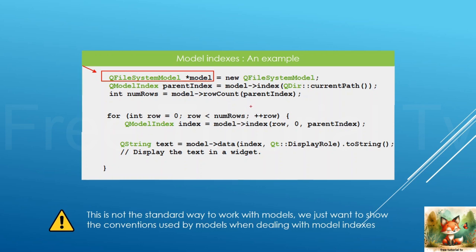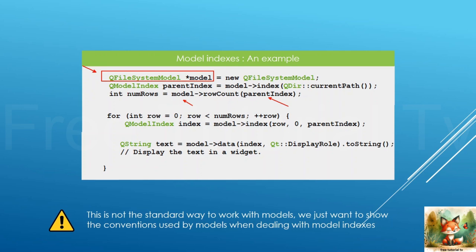And the first thing you do is to get the parent index, and you will get the index pertaining to whatever path you are in your C++ application. And once you have the parent index, you can ask your model, please model, tell me how many rows you have under that parent index.